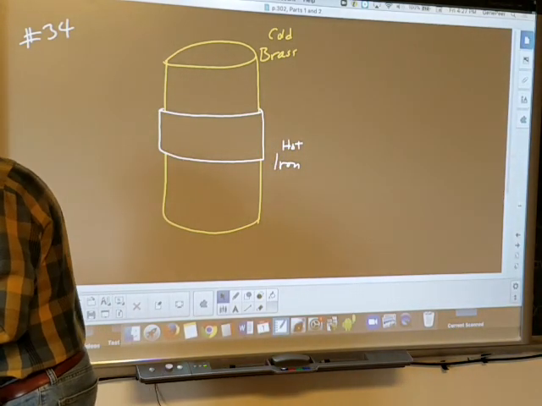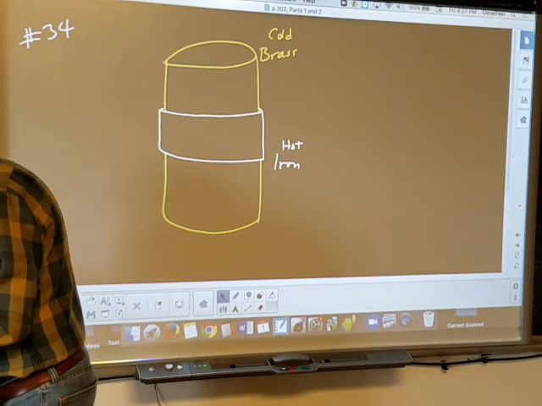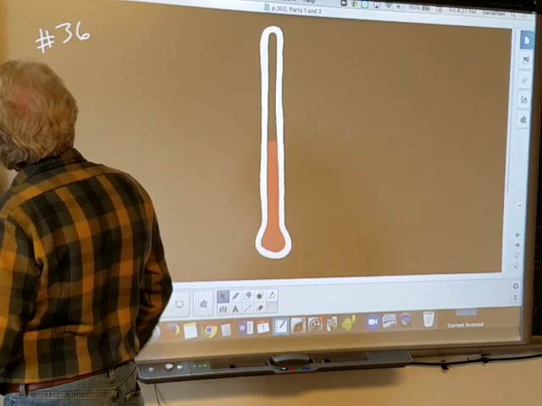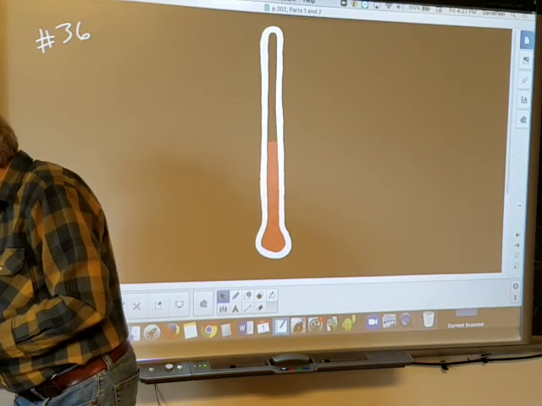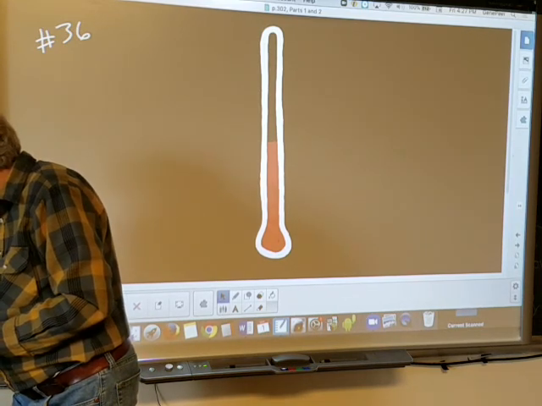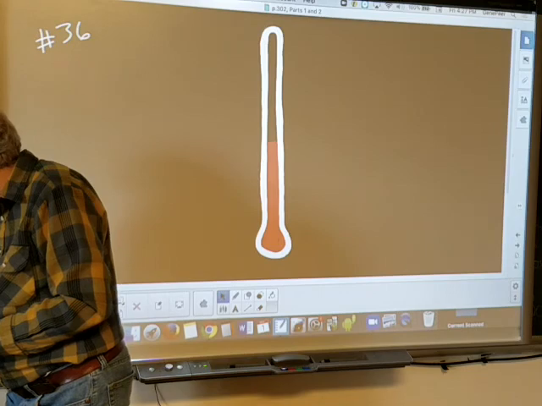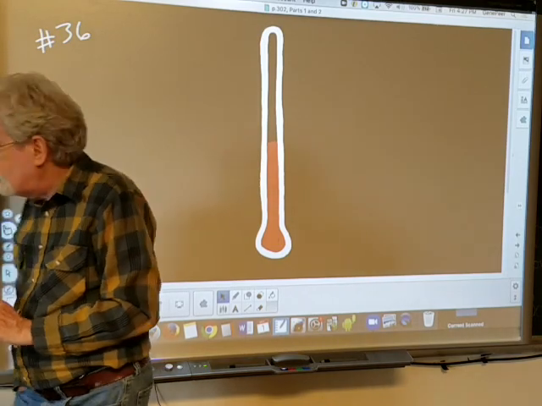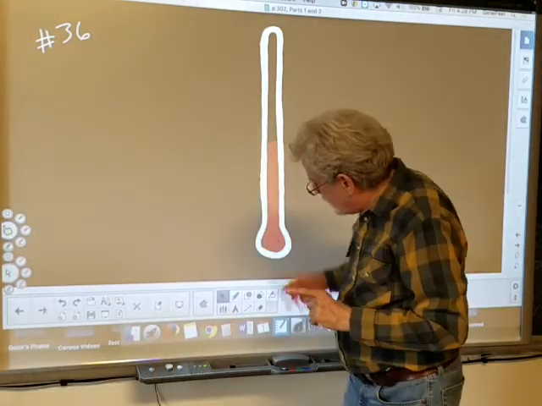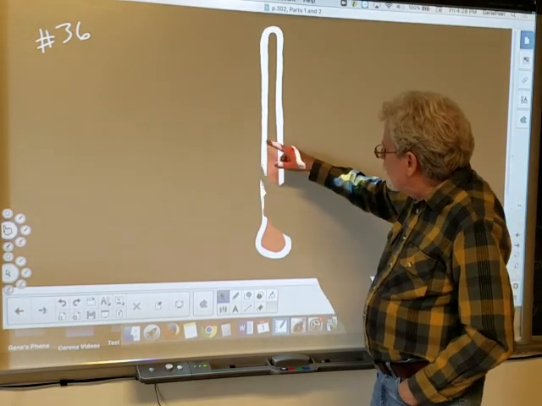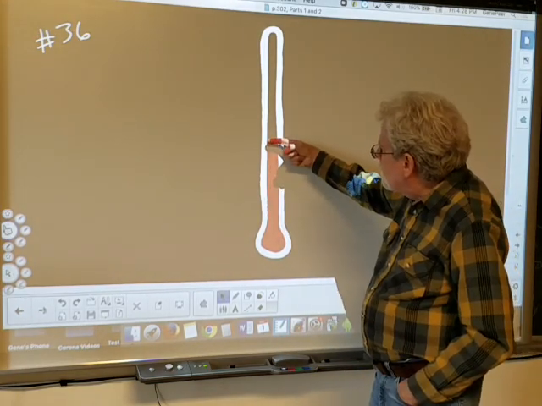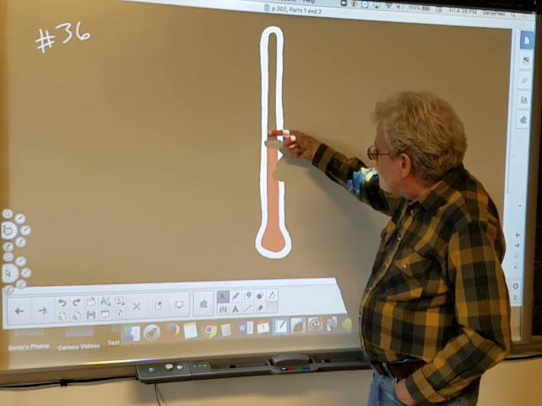Next. Number 36. Do I have something for 36? Yes, I do. Okay. When a mercury thermometer is warmed, the mercury level momentarily goes down before it rises. For just a moment after you stick it into some hot liquid, the level of the mercury or alcohol or whatever will drop down a little bit before it starts going up.